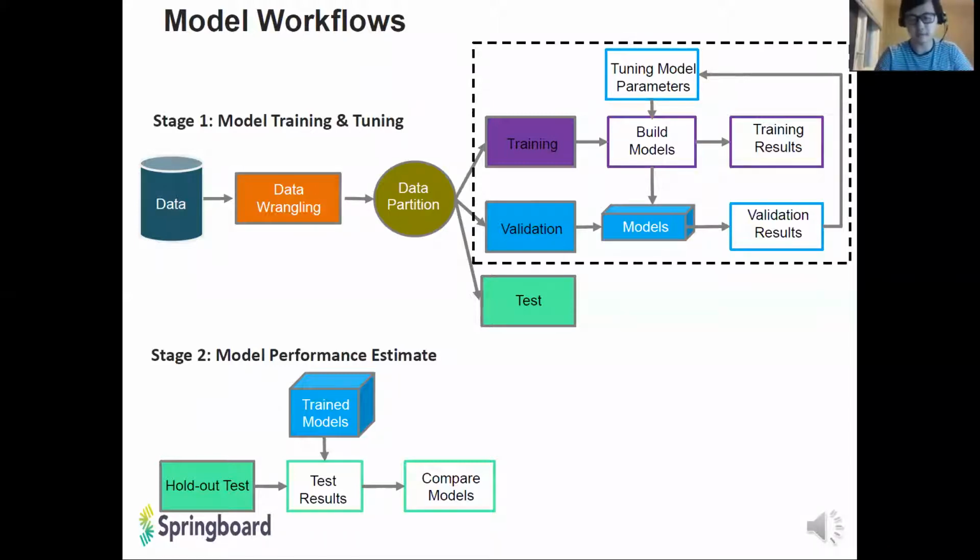Once the model is trained, I use my validation set to further validate it for hyperparameter and model parameter tuning to optimize for the best model performance. Then once I have completely trained and validated my model, I use my holdout test set to evaluate my model performance across the different classification models that I chose to test.